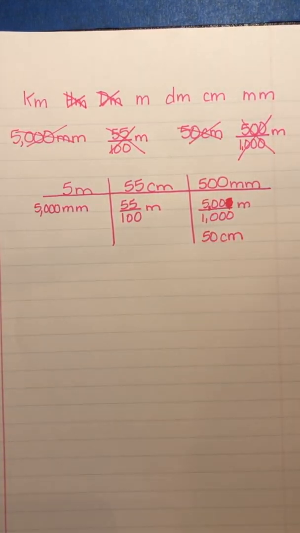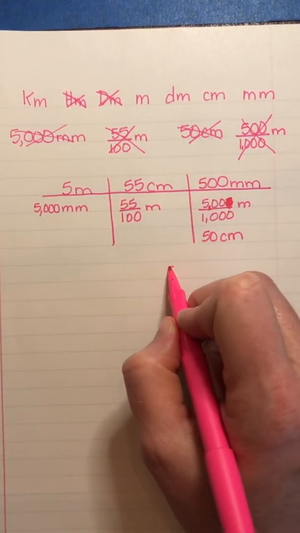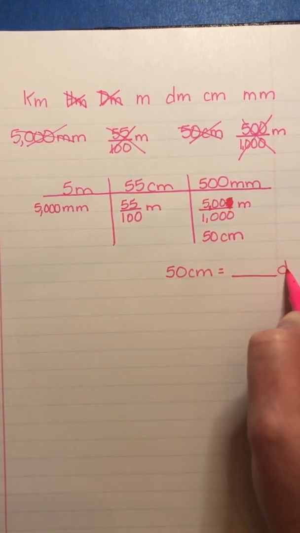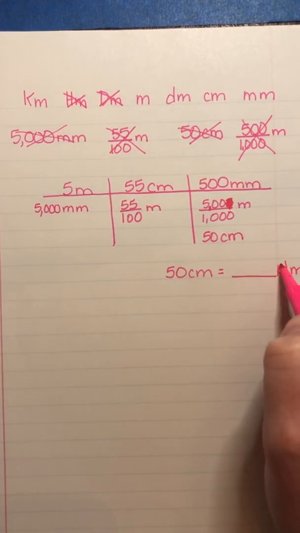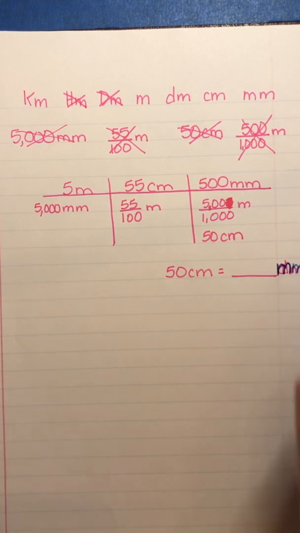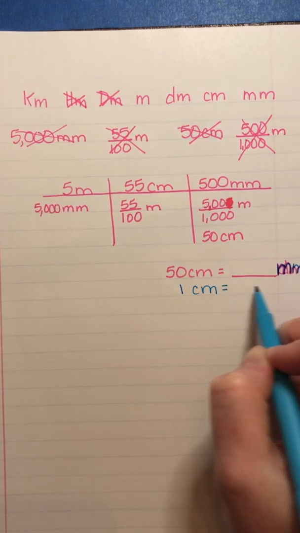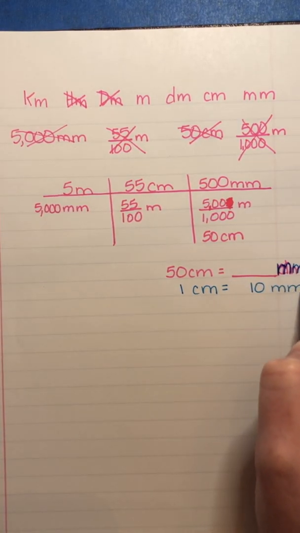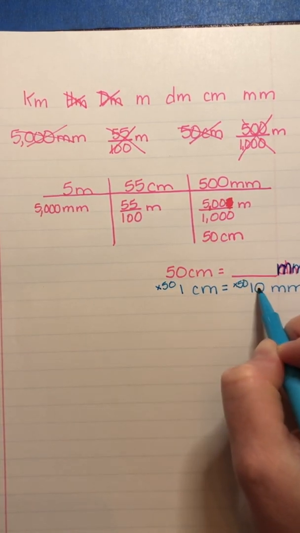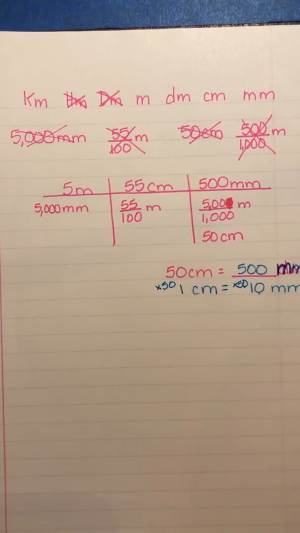Okay? So this part's tricky. If it is easier for you, like with this 50 centimeters, take and write 50 centimeters and figure out how many millimeters that's going to equal. I'll do it in a different pen. Well, I know that 1 centimeter is equal to 10 millimeters. 10 times 50, 1 times 5 is 5, plus 2 zeros, 500 millimeters.